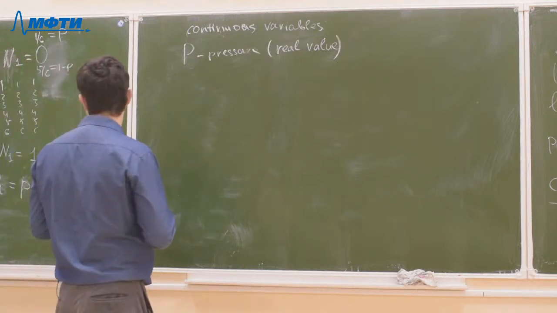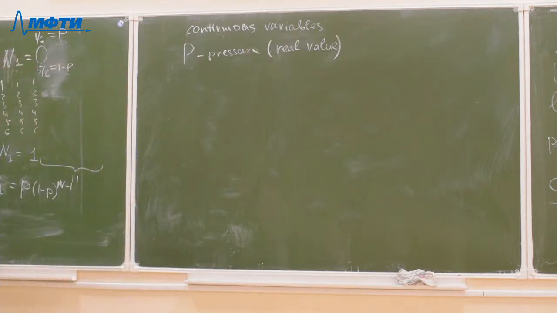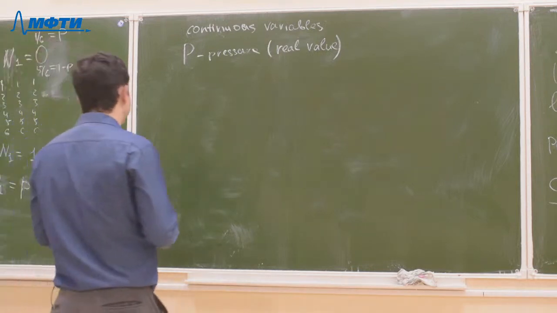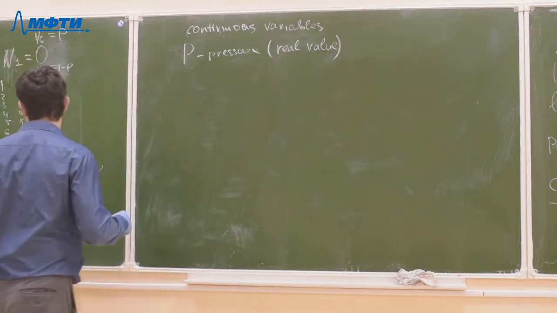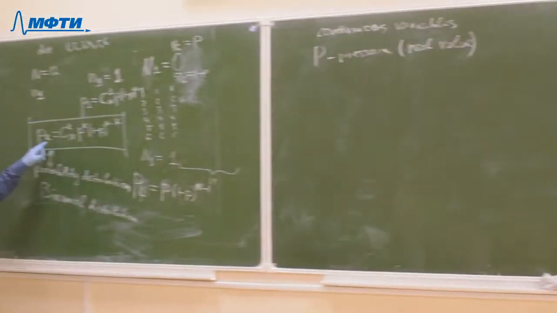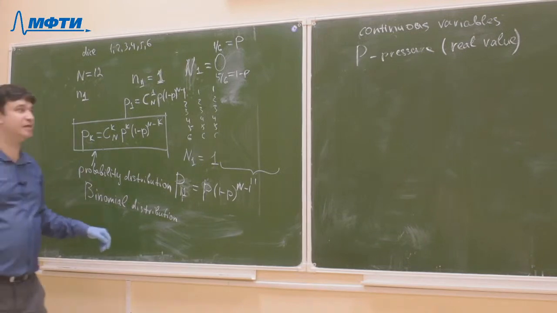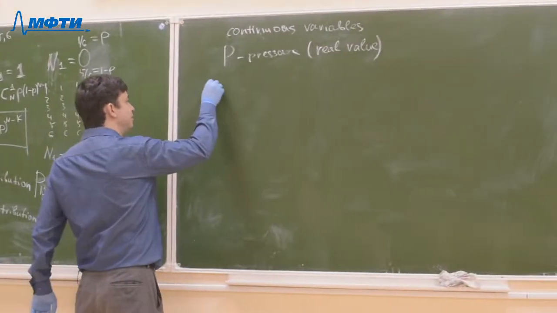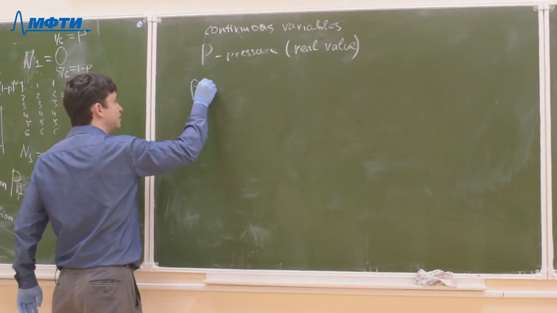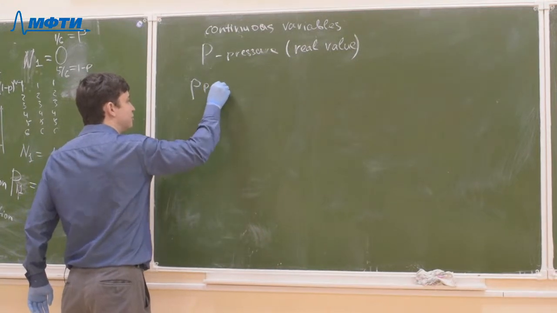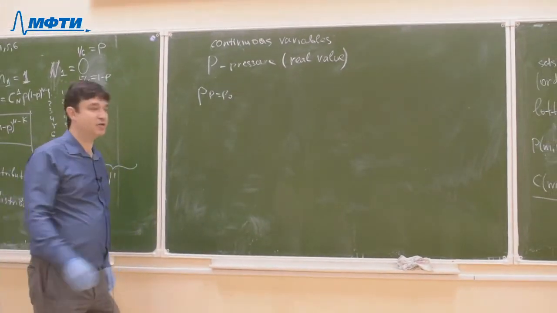Then how do we describe a probability distribution for a continuous variable? Well, of course, it's impossible to design a function which gives you the probability of some particular value. So let's say the probability of the pressure of the gas being equal to the atmospheric pressure is 0.